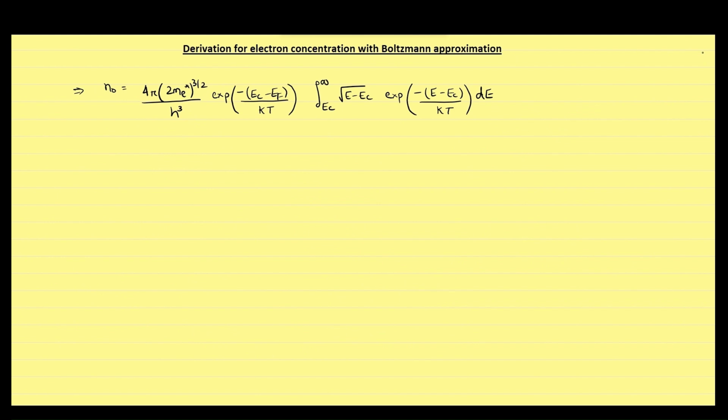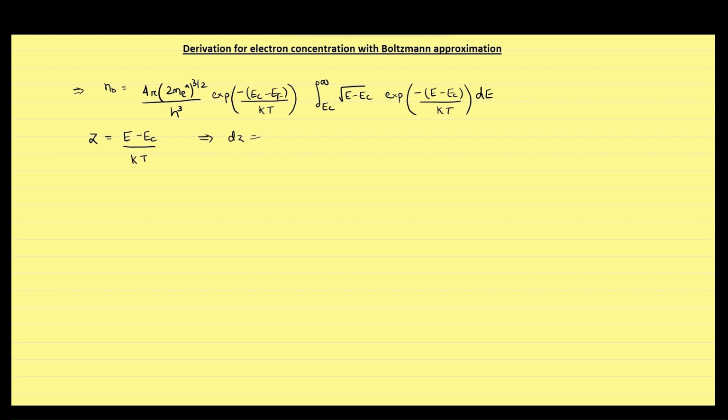Now we will change the integral variable from E to z. The value of z is given by (E − E_C) divided by kT. This is the main reason why we converted the whole integral expression in terms of E minus E_C.